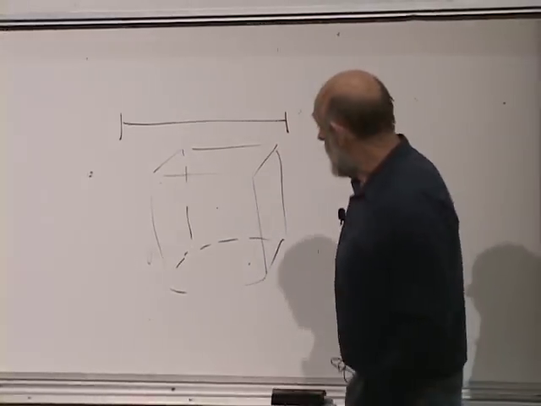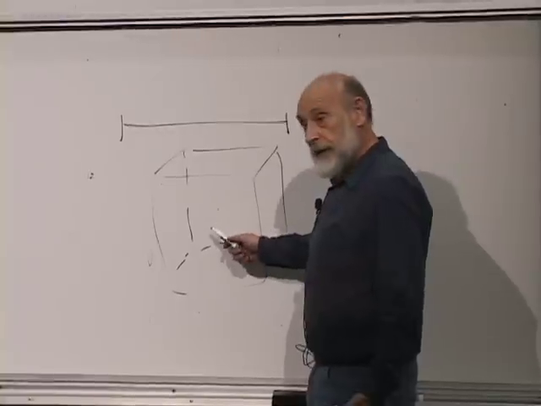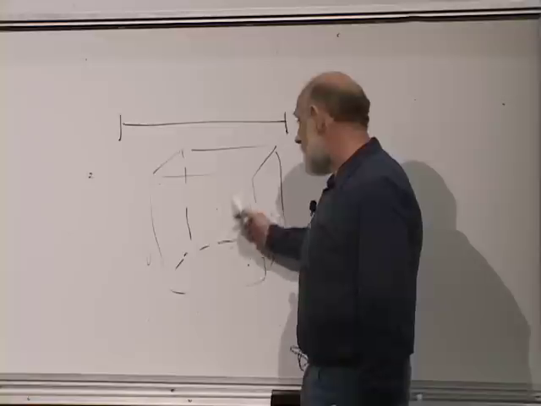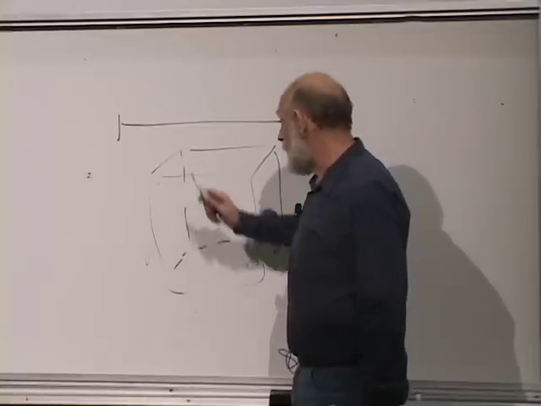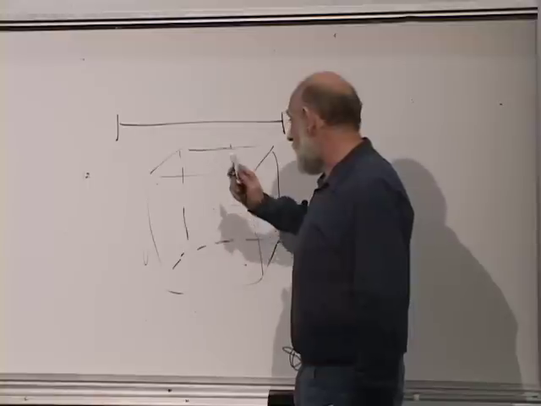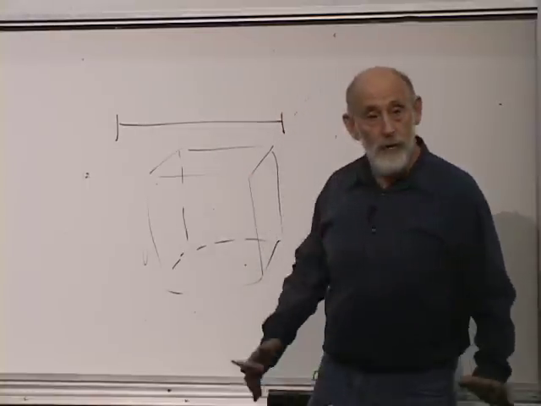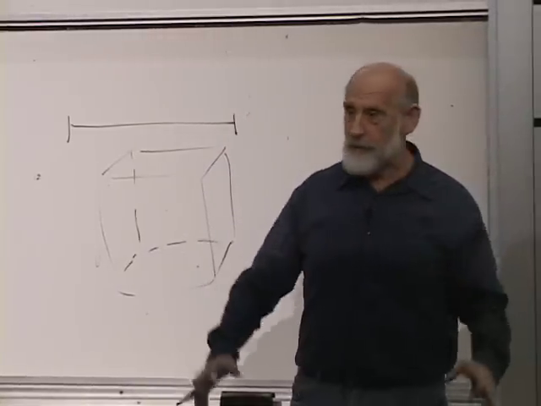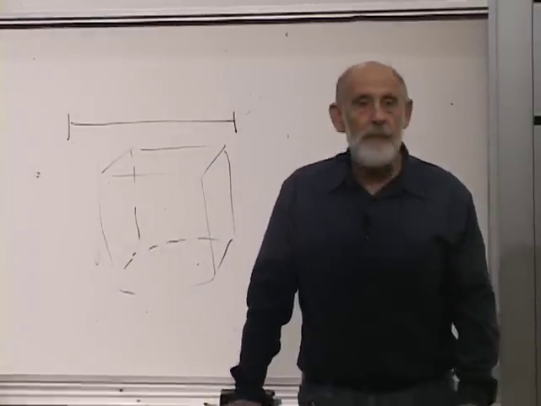Number two, even if you are at the center, you look in different directions, you see different things. In one direction you see a corner, in another direction you see a smooth face. By see, I mean detect by whatever means you can detect the shape of the universe.